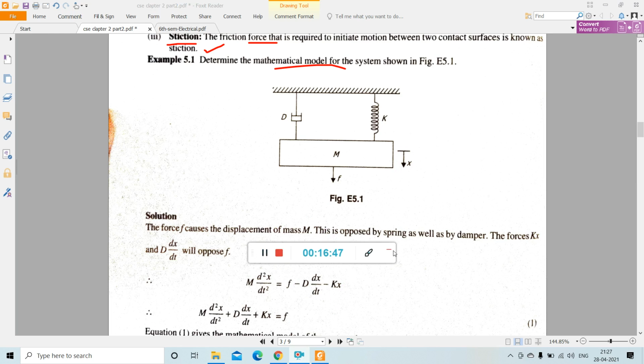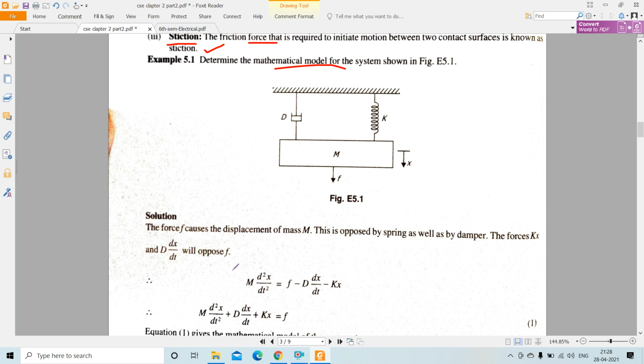The force F causes the displacement of mass M. This is opposed by the spring as well as the damper. So the force of the spring is Kx and the force of the damper is d into dx by dt.